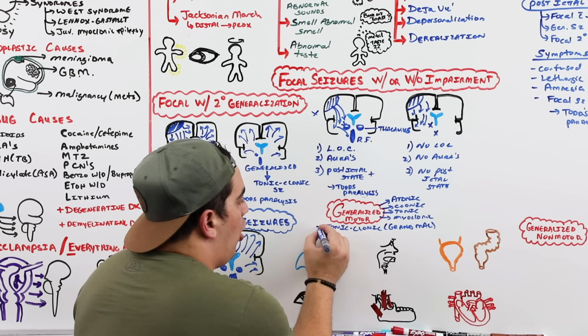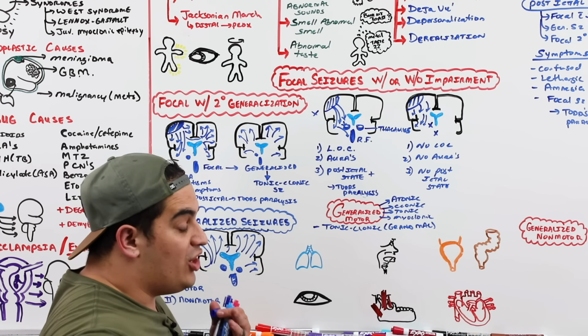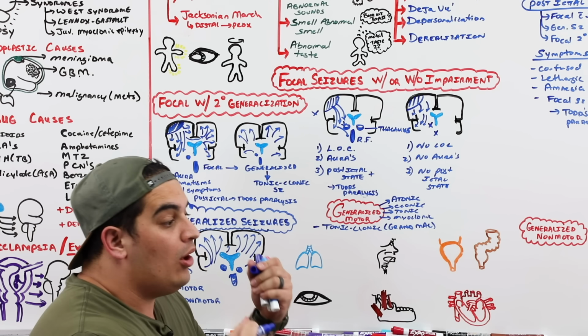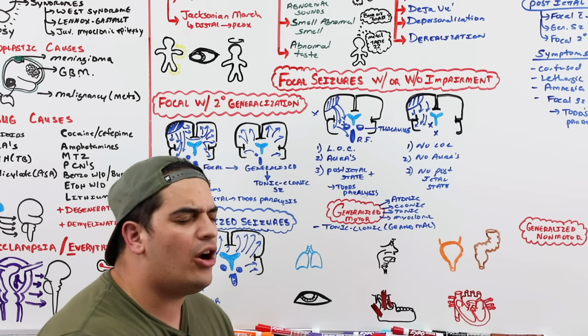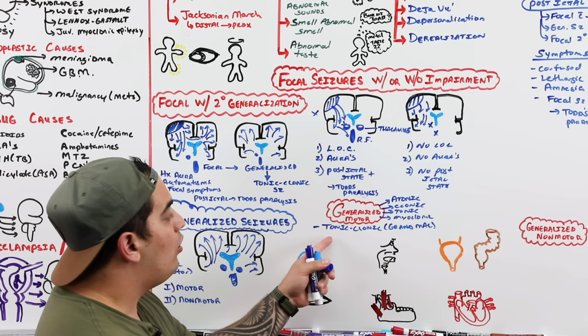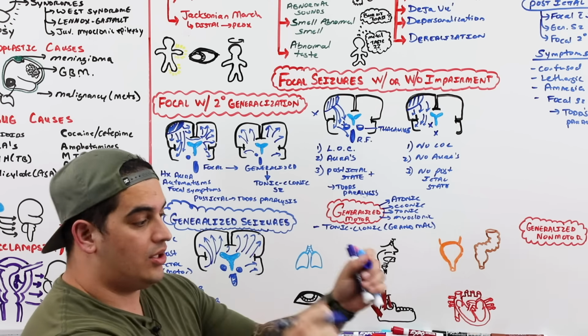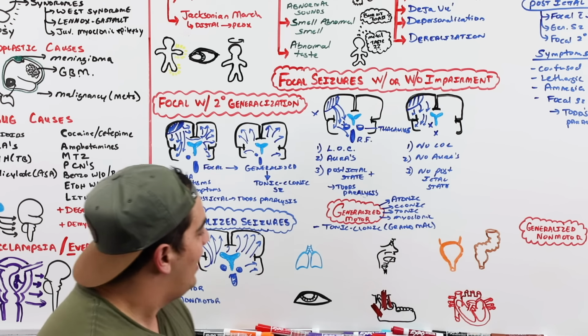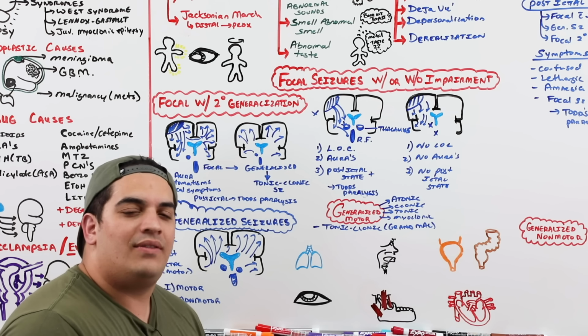Whenever there is this tonic-clonic seizure, because of generalized bilateral hemispheric involvement, it leads to insane muscle contractions of various parts of the body. Not only do you see it in the limbs, upper limbs, lower limbs, and trunk, but guess what else you see? The exams love to ask you this.